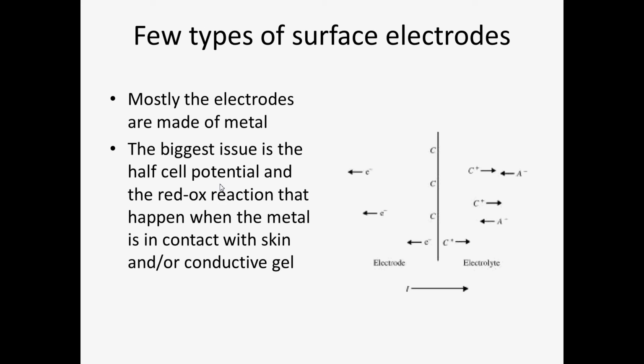In EEG recording, sometimes you record electrodes from the frontal cortex. Well, what happens if in the morning you used some soap to wash your face and you haven't rinsed it properly? The soap is going to change slightly the pH of the skin. That means that the electrodes on the frontal area are going to face a different redox reaction from the ones in between the hair.